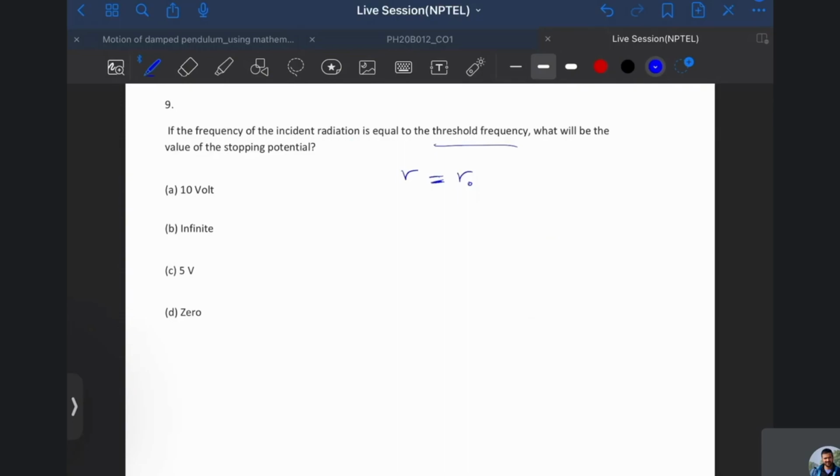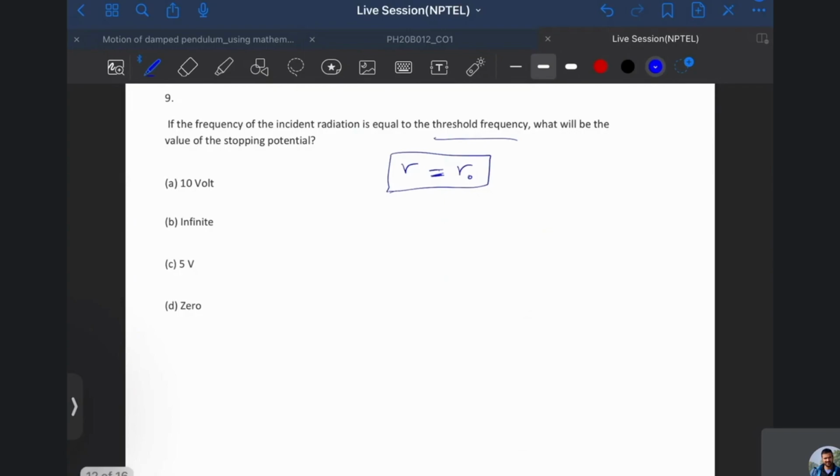What do you think? What will be the answer? We don't need to solve this problem also. So what will happen when the frequency of the incident radiation is just equal to the threshold frequency?